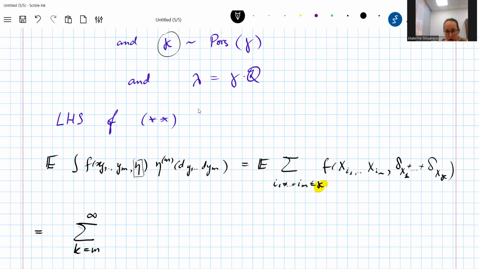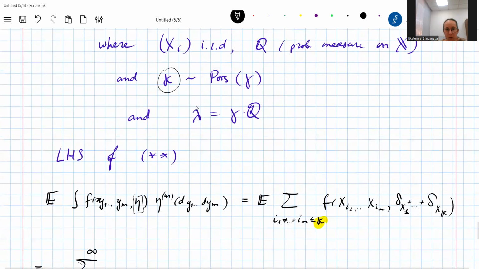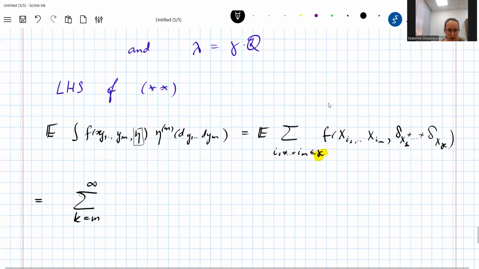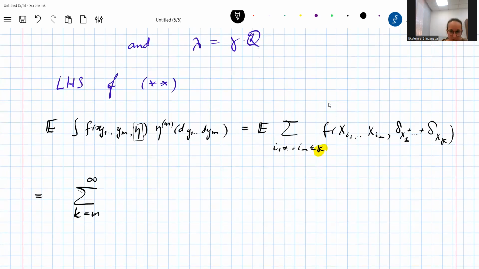These are all possible values of the random variable kappa for which this sum is not equal to 0. Then, and here it is very important, kappa is independent of these random variables. So here I use independence, and I can write the probability of the event that kappa is equal to k, which is e to the power minus gamma, gamma to the power k, over k factorial.